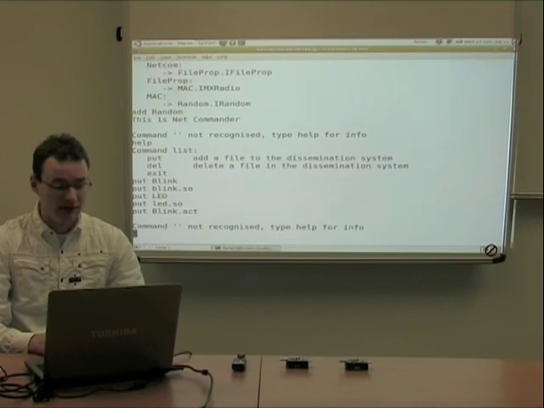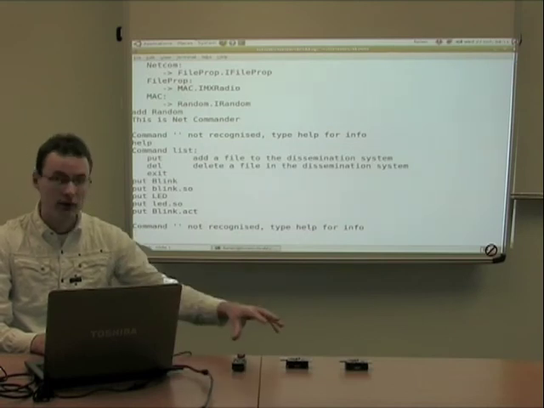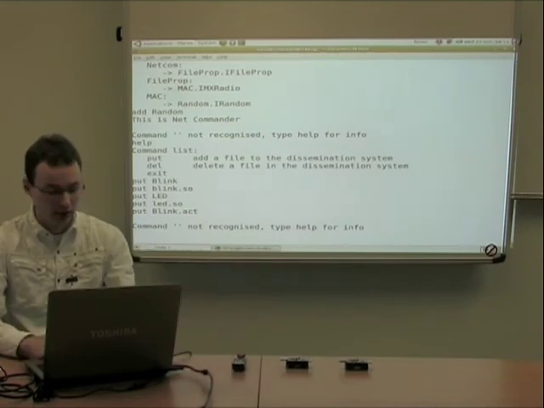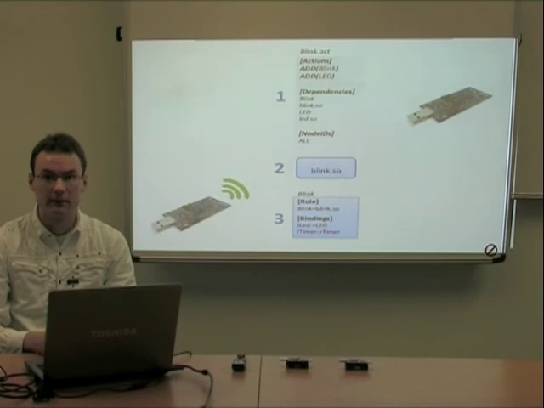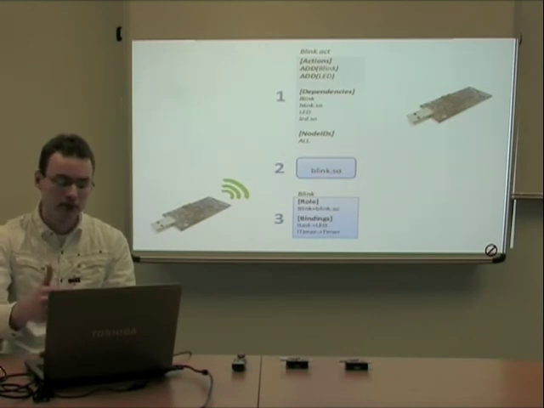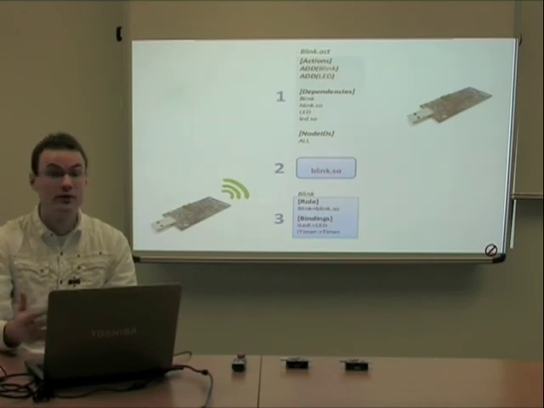Okay, so these files right now are being sent over the radio to these other nodes in the network. And while that happens, I will just quickly show you what all these kinds of files look like. So we have three major kinds of files. We have the evolution script, which is called blink.act, and this has a list of operations, what we call evolution primitives, that you're also using in the shell.